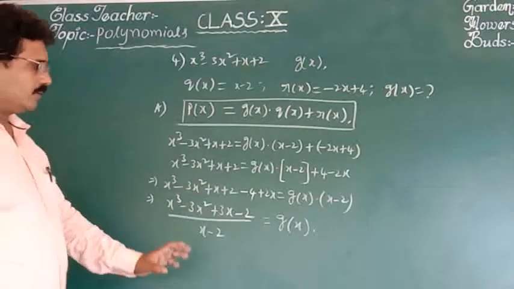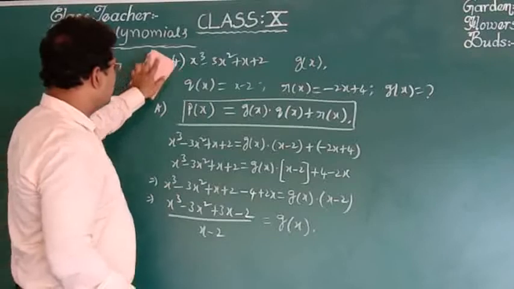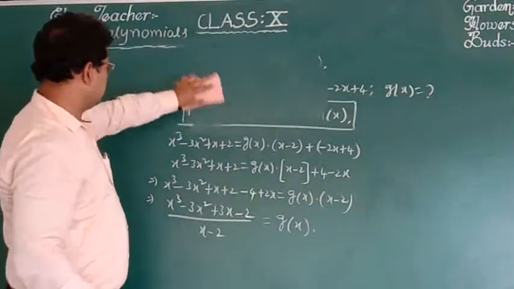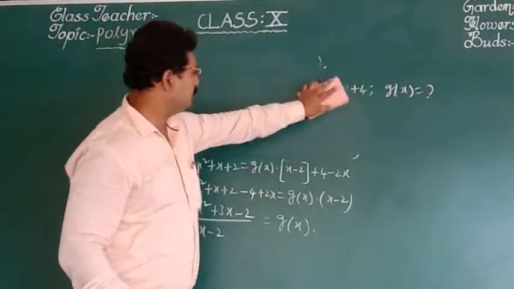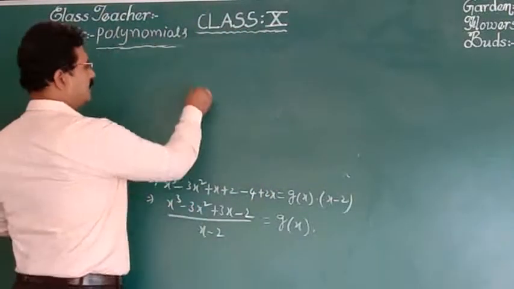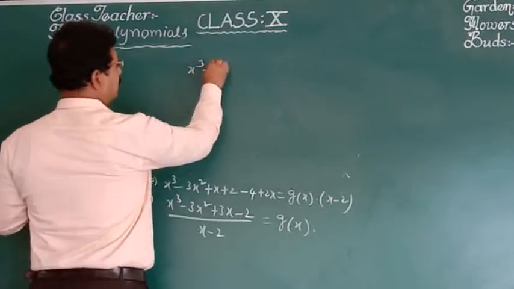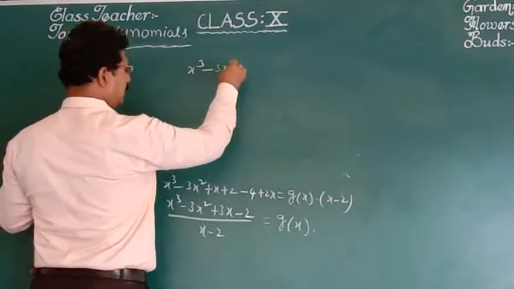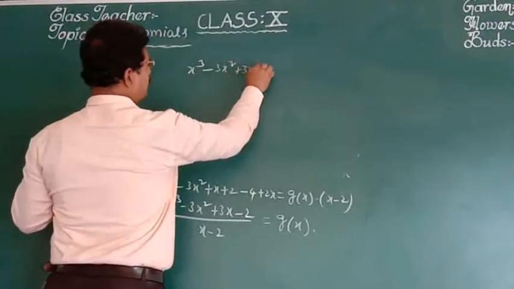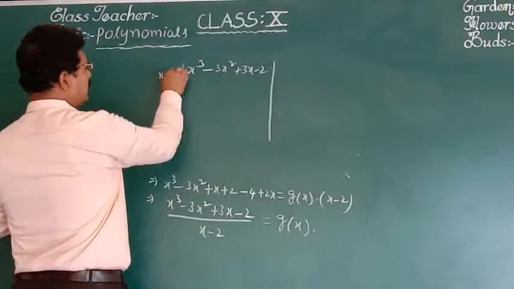After that we have to divide x cube minus 3x square plus 3x minus 2 by x minus 2.